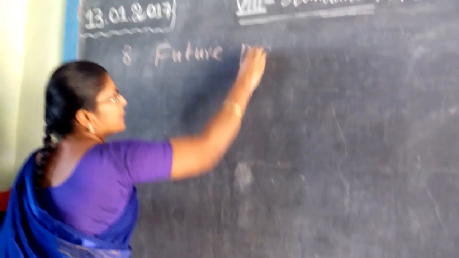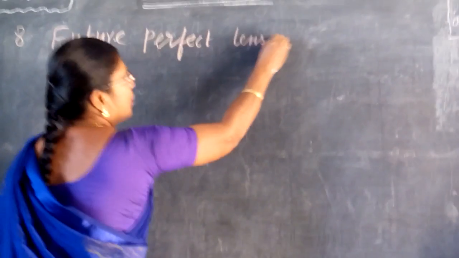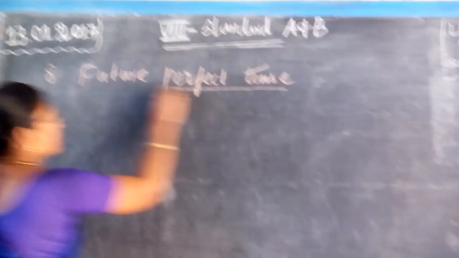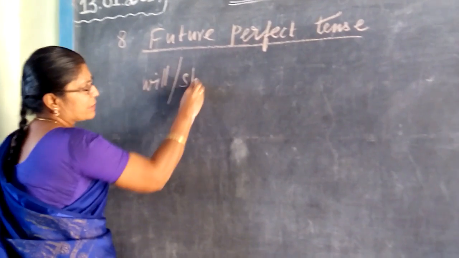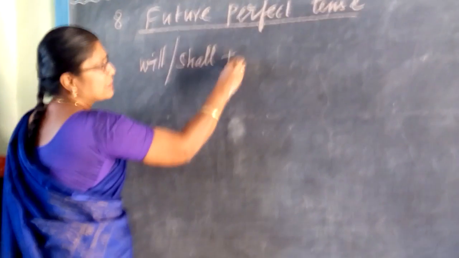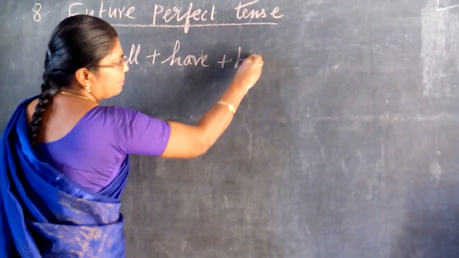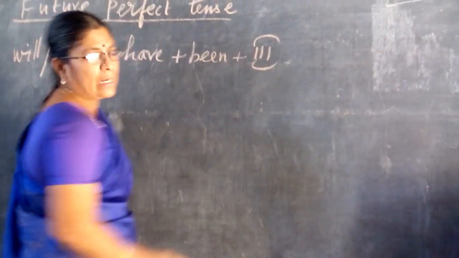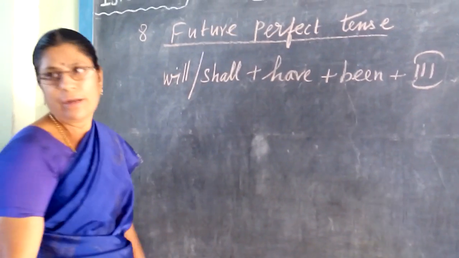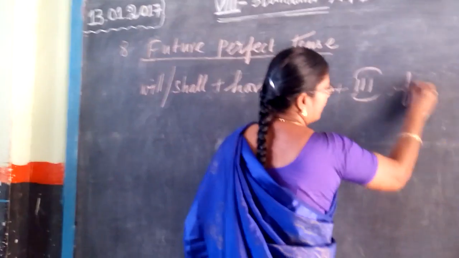Formula for future perfect tense: will or shall plus have plus be plus third form of the verb.